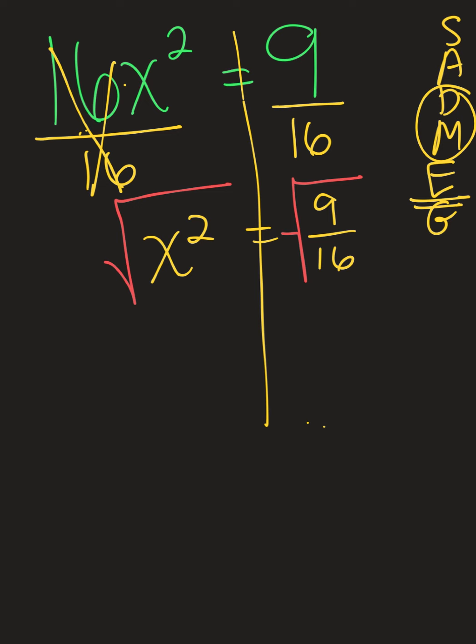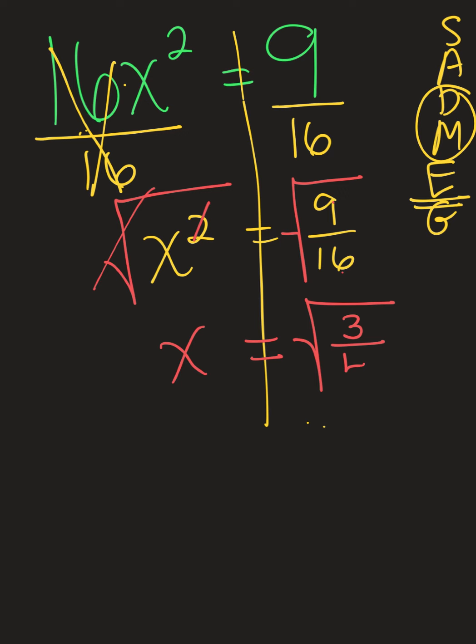So we have x squared, the square root cancels that out, x is alone. Now when you take the square root of a fraction, you are going to take the square root of the numerator over the square root of the denominator. So you should end up with another fraction. And because 9 and 16 are both perfect squares, it should make it really simple, right? The square root of 9 is 3, and the square root of 16 is 4.